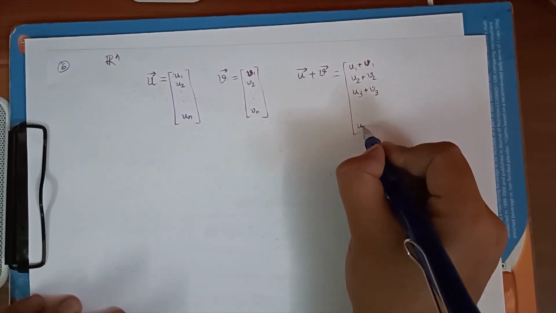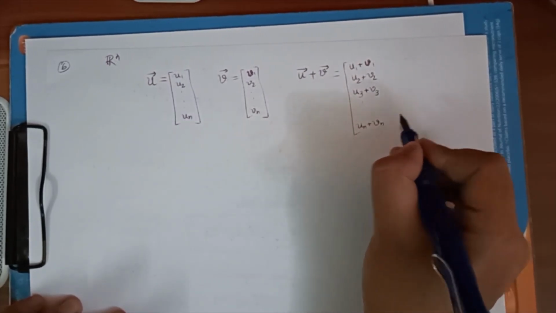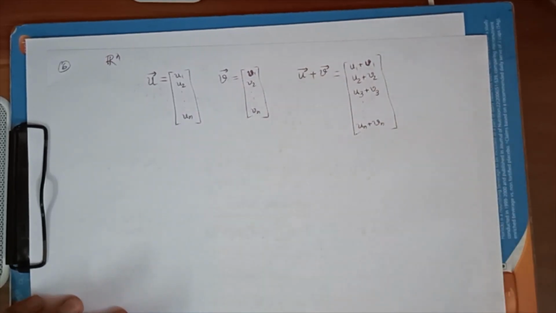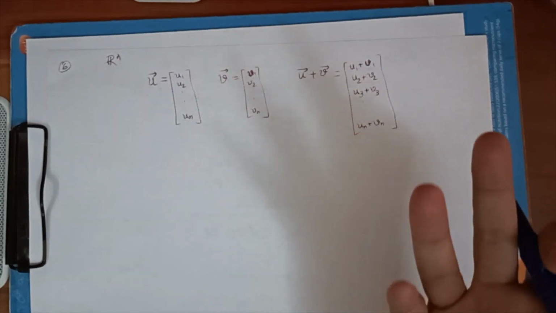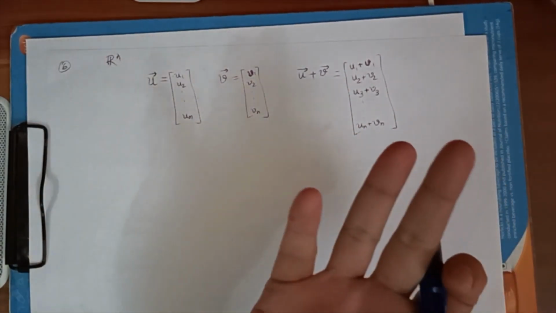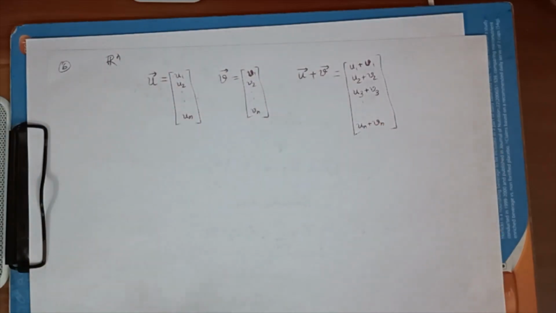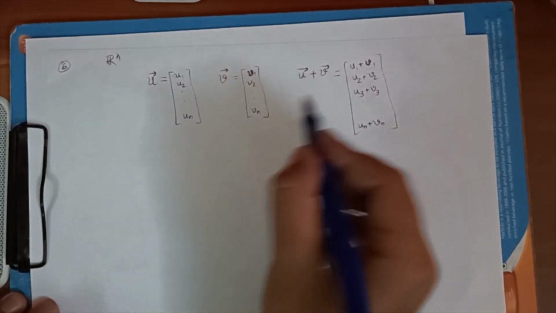And Un plus Vn. This is great because we took everything from geometry to the domain of algebra. That is basically Descartes' famous work. This is Cartesian geometry.